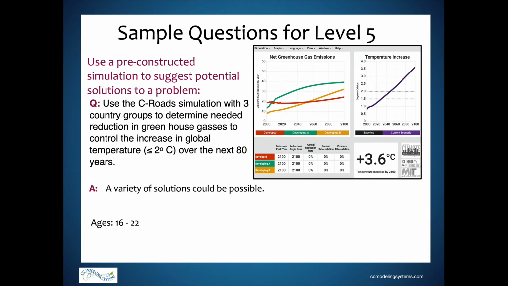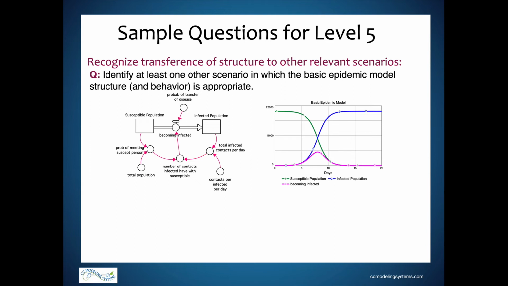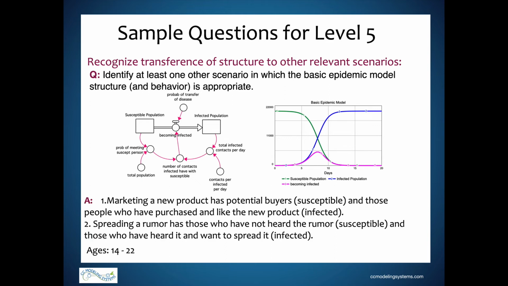There are a lot of different possibilities for this situation. The next question: transfer the epidemic model structure to another relevant scenario that would reasonably have the same dynamic interactions and produce similar behavior. And these are some 2 possibilities for an answer to this question.